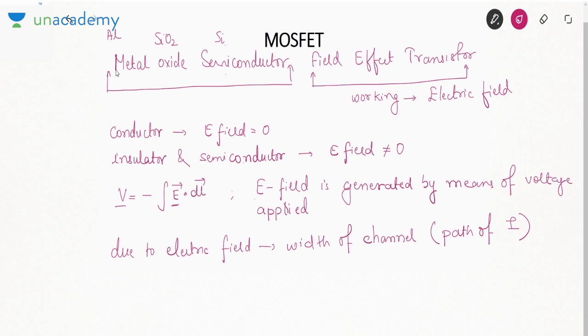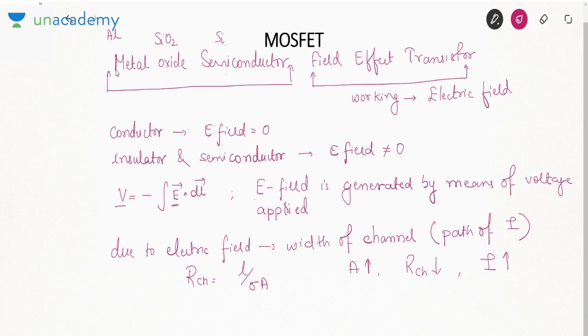The path through which the current flows is called the channel, and the width of that channel will be varied by varying the electric field. Due to the change in the width of the channel, if the area or width of the channel increases, the resistance of the channel reduces. If resistance reduces, the current increases.